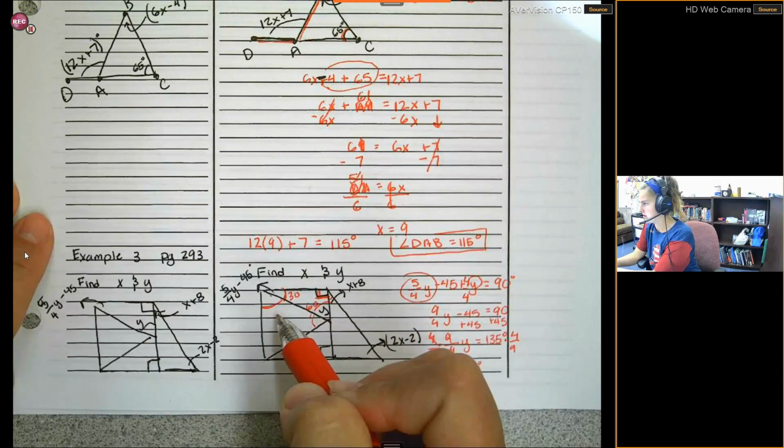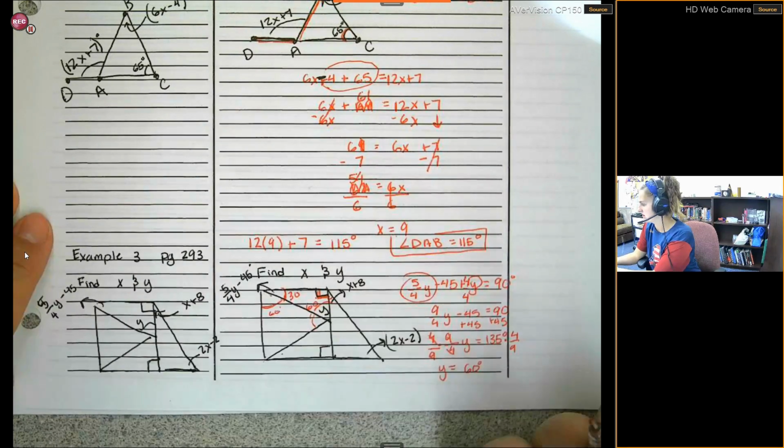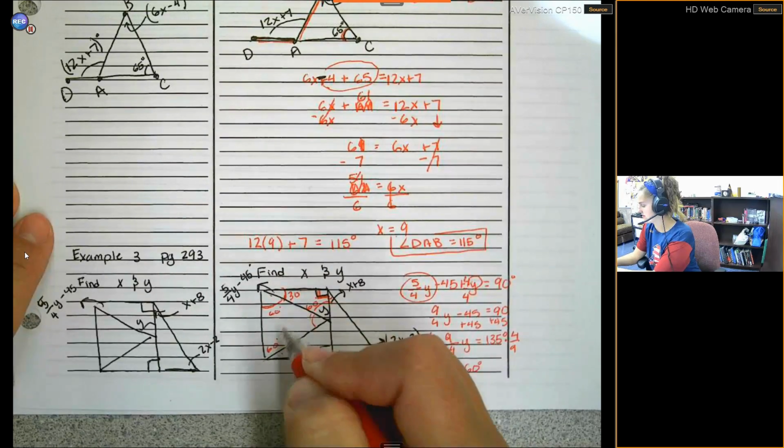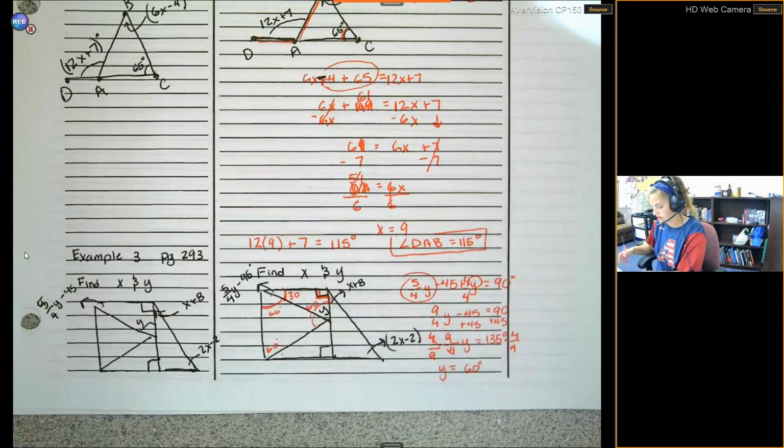Well, I don't know. Yes, this would add up to 60, yeah. Which makes this an equilateral triangle, 60, 60, 60. Good. Good point.